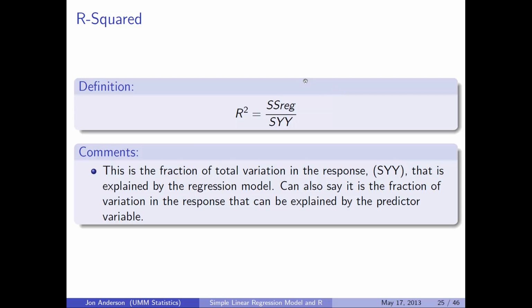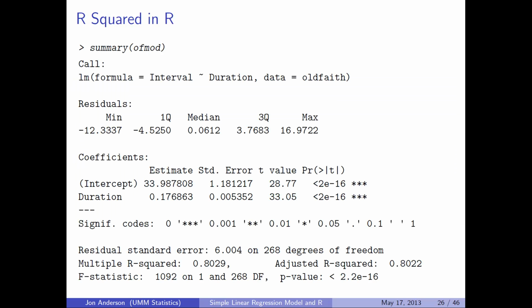Part of doing this decomposition is to get a measure of strength of relationship called R squared. And that's just the regression sum of squares divided by the total sum of squares, SYY. And the nice thing about this is it's an interpretation. It's the fraction of variation in the response that can be explained by the predictor.